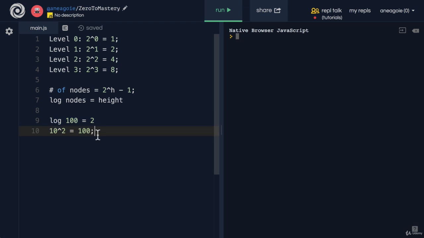So all I did was, using this, I simplified and said that log nodes is equal to the height, and we've dropped the minus 1 here because it's insignificant. But log nodes is the number of steps or height, and let's change this to steps that we would use in a tree. Let me show you again in our diagram.